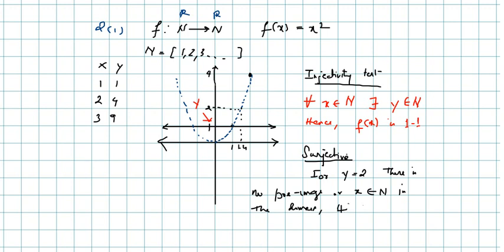Hence f of x is not onto. Simple, clear or not?